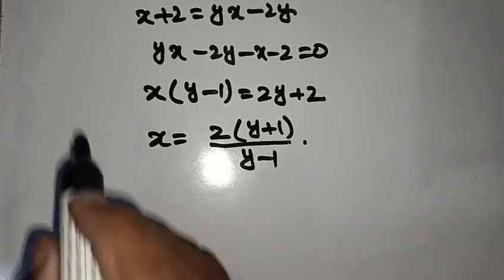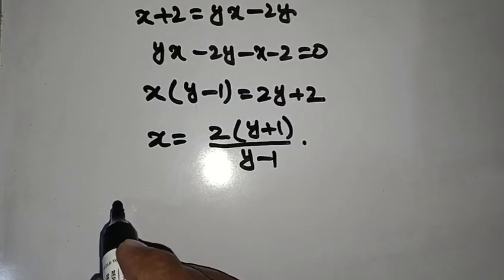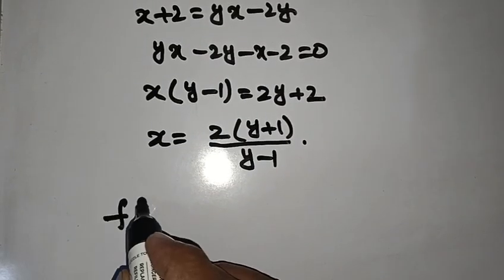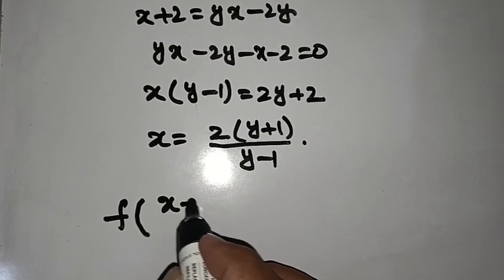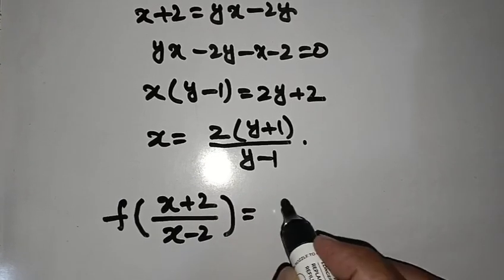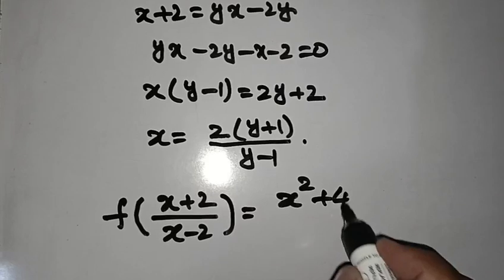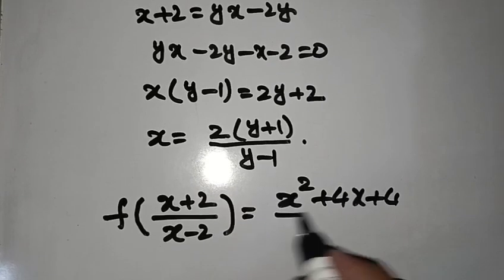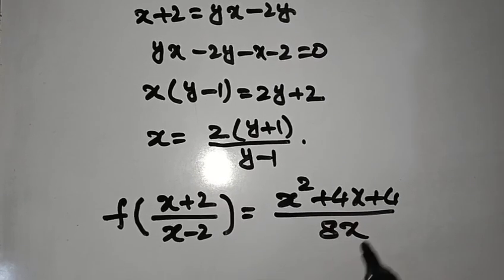So here the given function is f of (x+2)/(x-2) is equal to (x²+4x+4)/(8x).